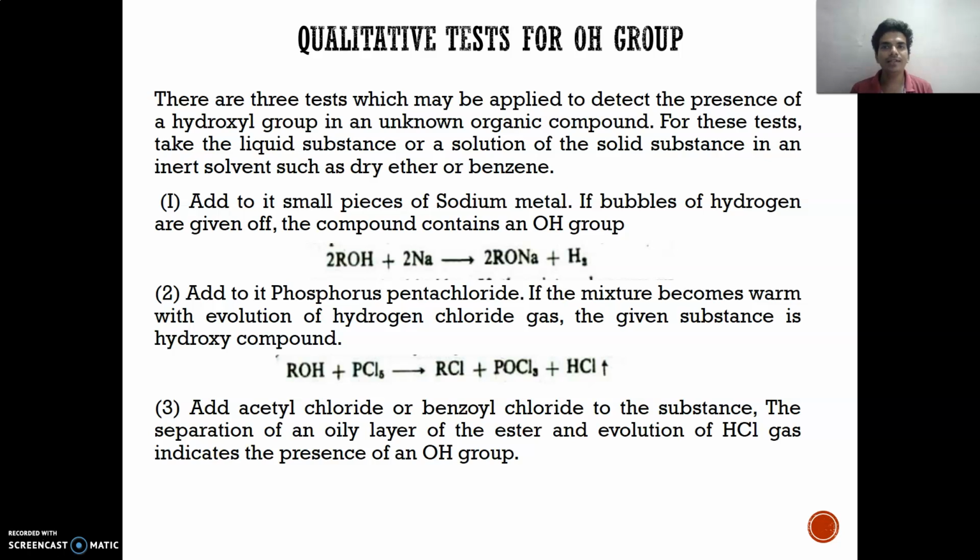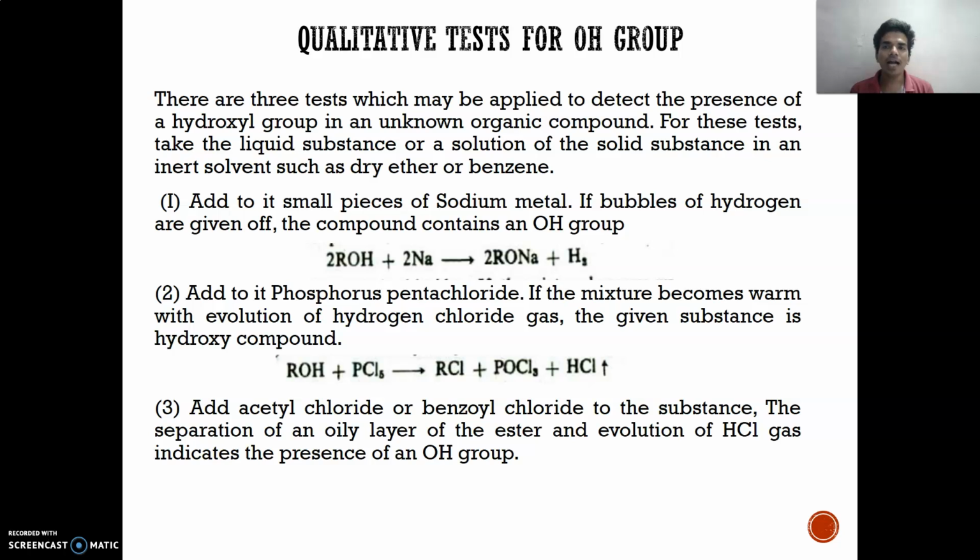There are 3 tests which may be applied to detect the presence of a hydroxyl group in an unknown organic compound. For this test, take the liquid substance or a solution of the solid substance in an inert solvent such as dry ether or benzene.